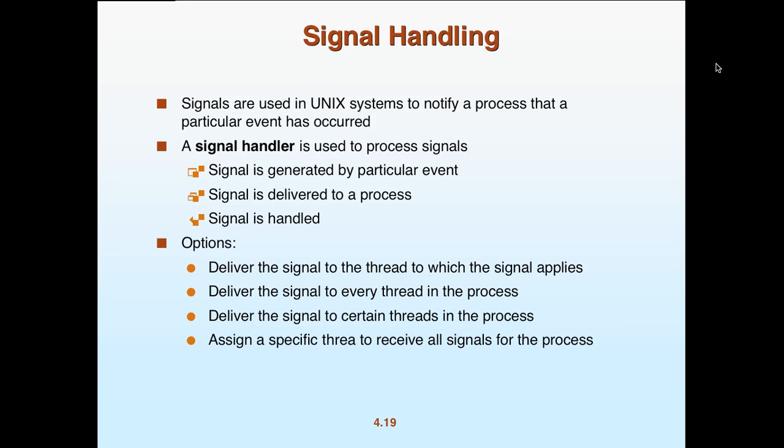Signal handling, also mentioned in your first assignment, is a SIG signal for the interrupt, for the exit call or something. When the user presses Control-C, that's probably the easiest example to give you because it generates a signal. So what do we have? We have an interrupt that comes from the keyboard hardware, comes through the kernel, gets turned into a signal that gets sent up to user mode, and the user mode thread can catch it.